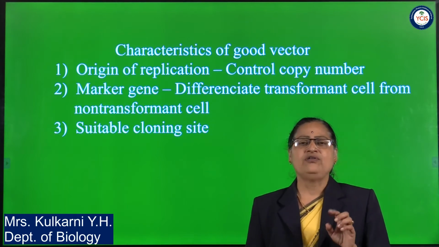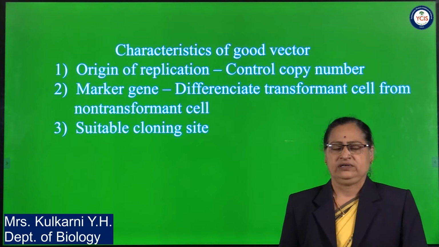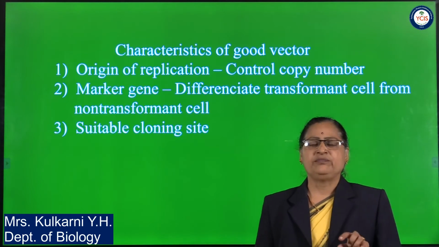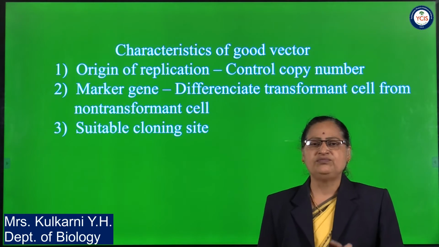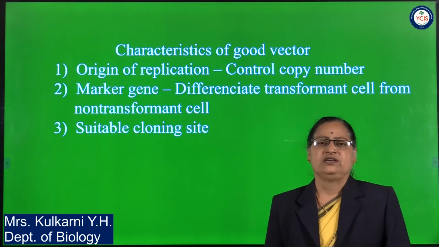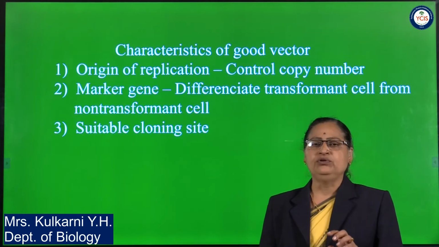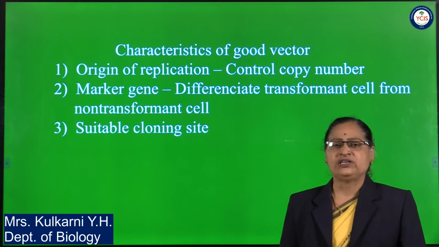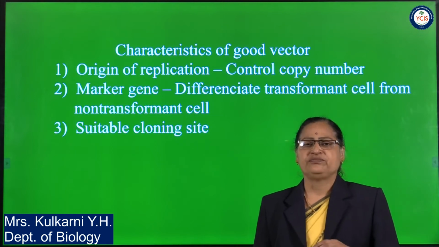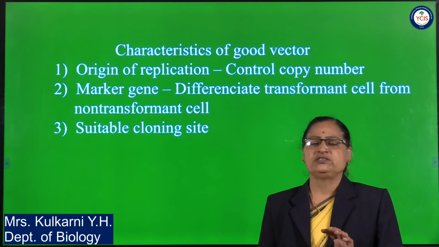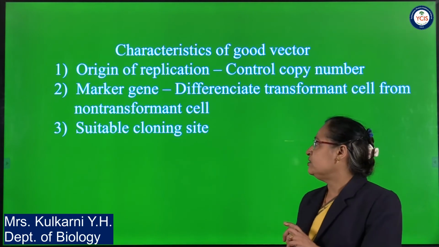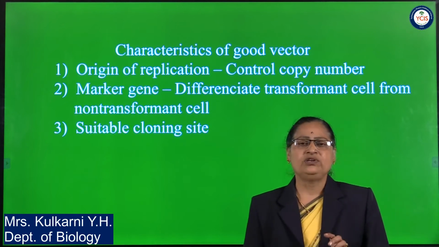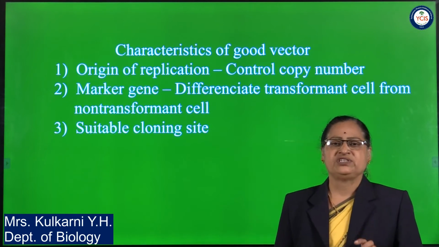It must have one cloning site, which is cut by the restriction endonuclease enzyme. If there are many sites, then it is difficult to ligate or join to this plasmid DNA. So it requires only one restriction site.